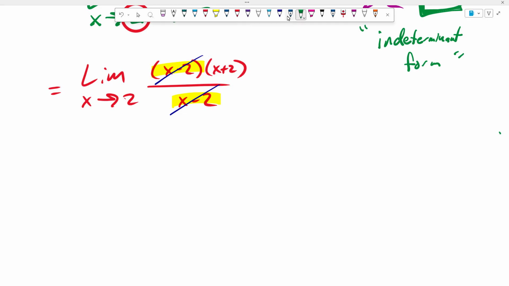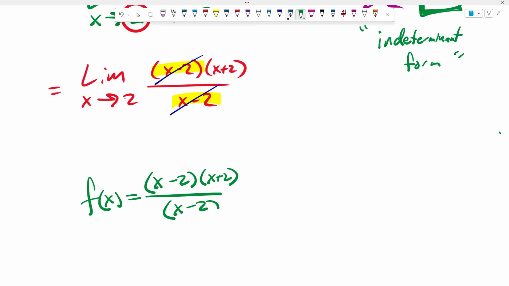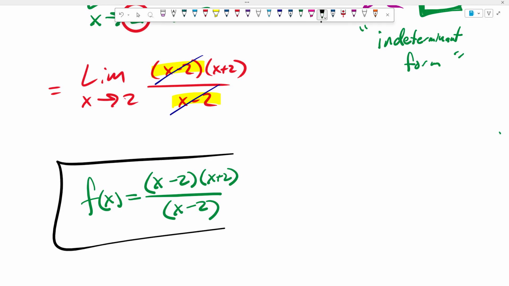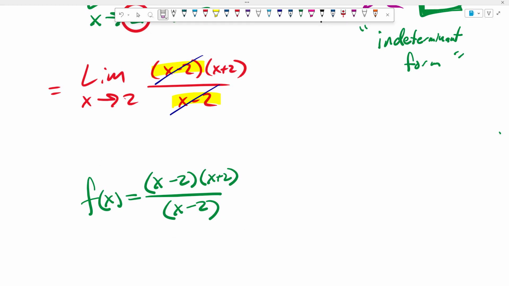Although before I do that, let me ask you this. If you're just given this function, are we allowed to just simplify it? Are they the same function?